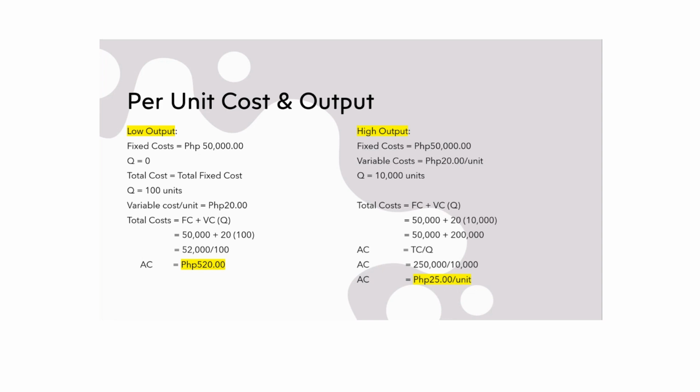Kaya ngayon, pag kayo order ng malaki, maki-share kayo dun sa cost savings. Ganon. Kasi you deserve a lower price because of that high volume. Okay, now, there's a limit to this high output. It's not always the case that you can bring down the unit cost. There are limits to this, and you'll see that later.